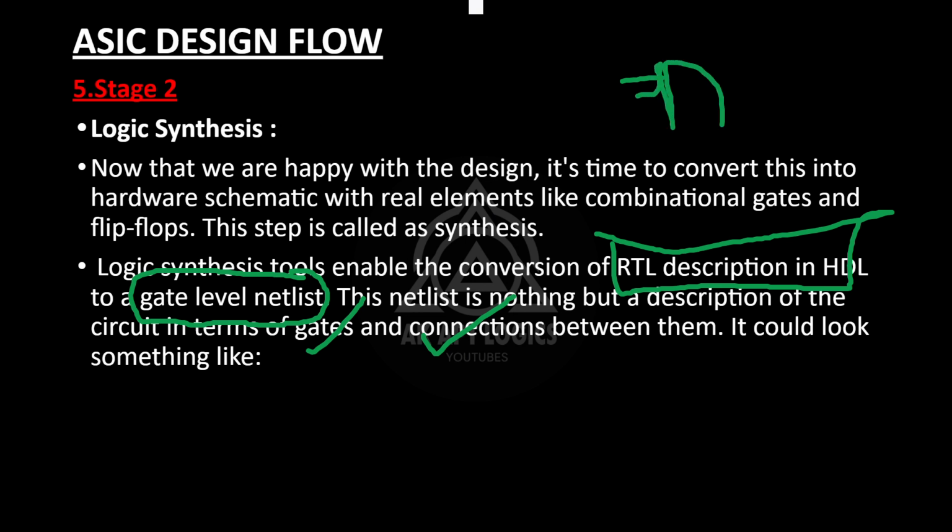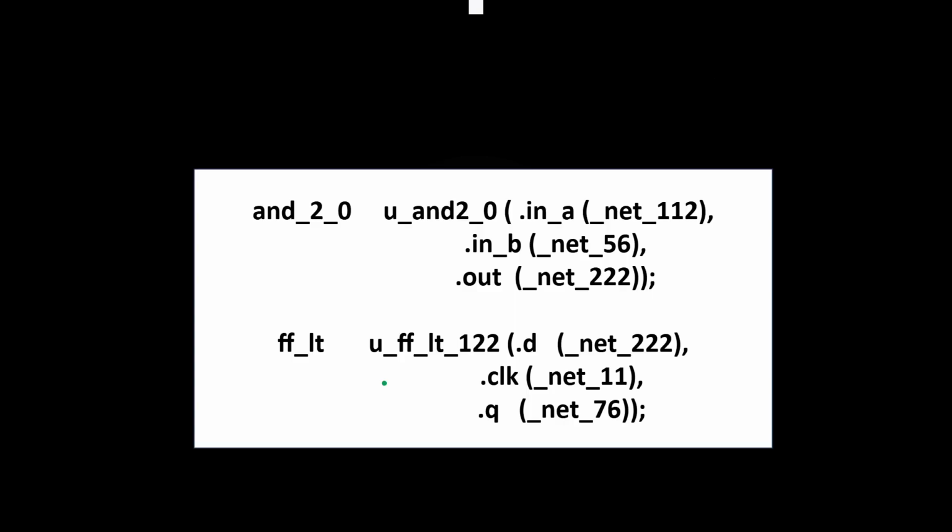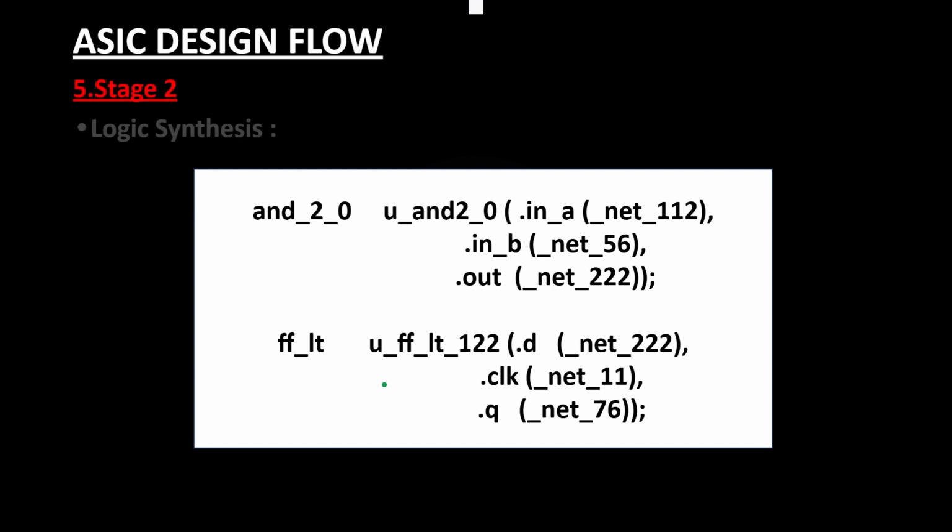It's a hardware description which contains how many gates there will be, how many flip-flops there will be, what types of flip-flops there will be, how all the components will be connected, and how the combinational logic will look.